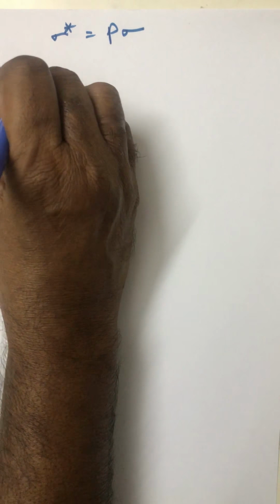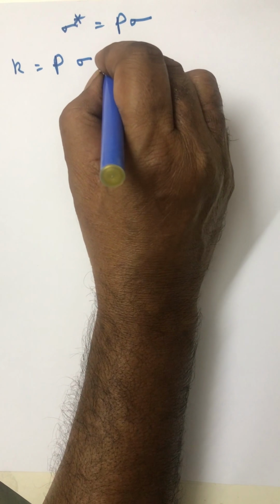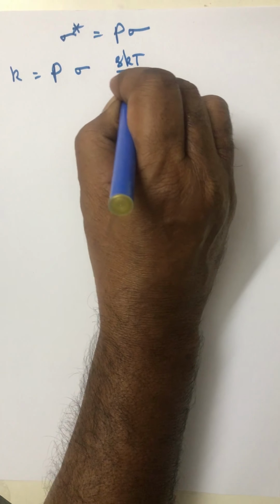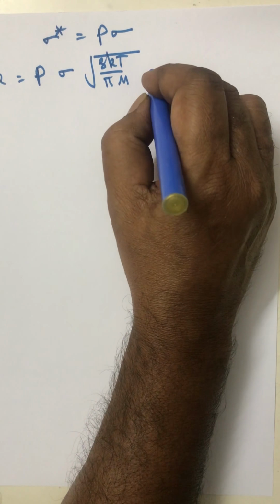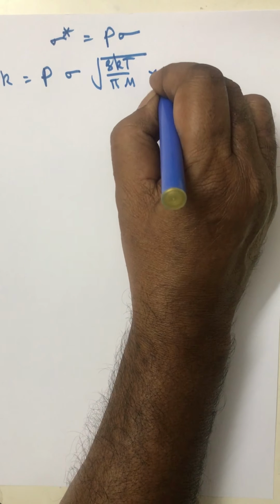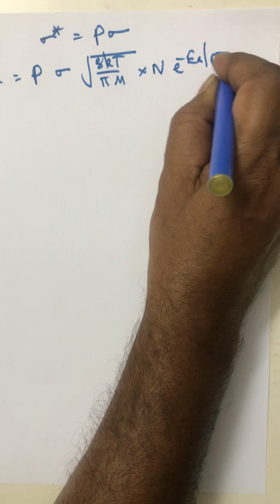Then rate of reaction: now we can introduce the P to get the experimental value, times NA NB, exp of minus E by RT.